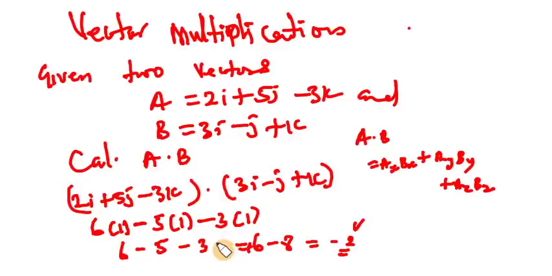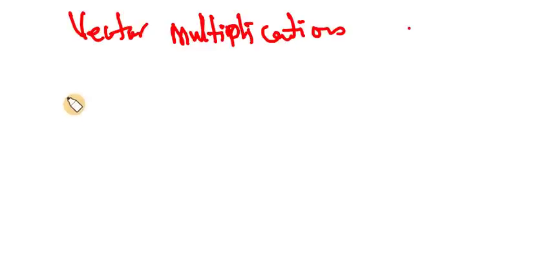So let us look at other components of dot products. You should note that when we have A dot B, this is just multiplying two vectors. Multiplying what? Two vectors. Dot product.